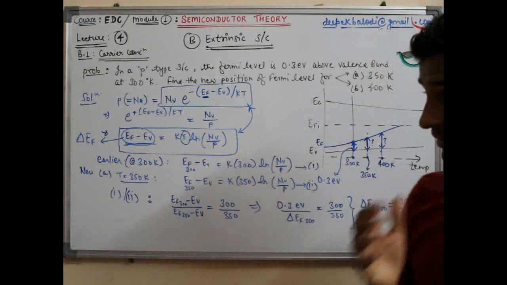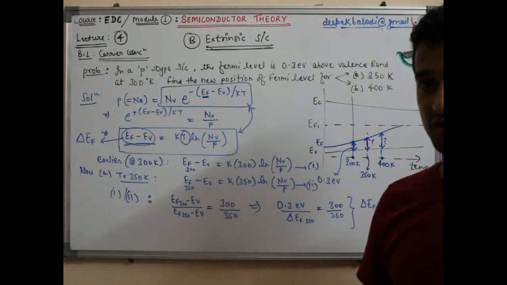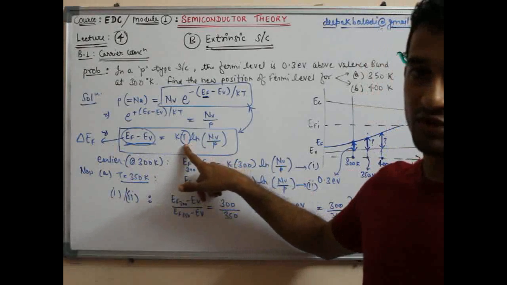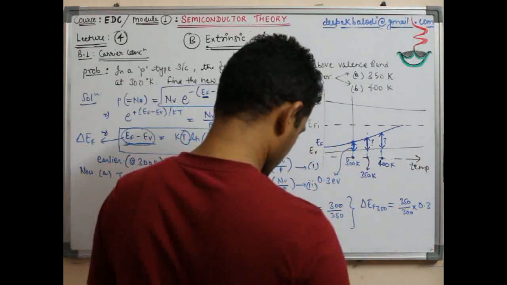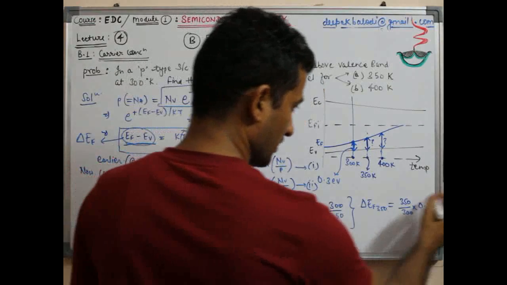The extrinsic semiconductor becomes relatively weak and it moves towards intrinsic characteristic. So it is in direct proportion with T, and that's what is expected.